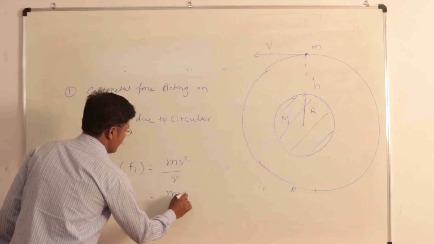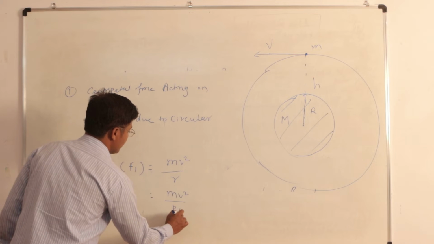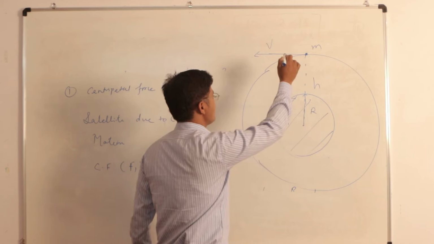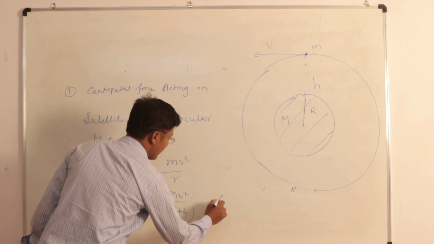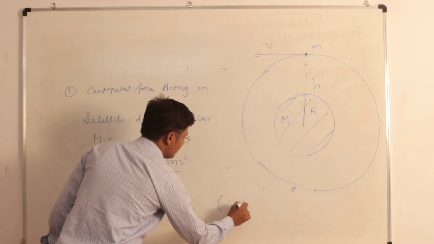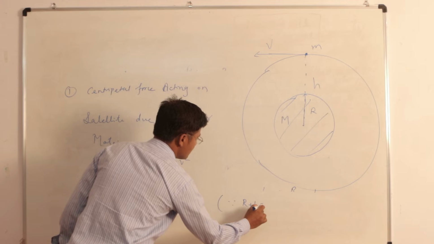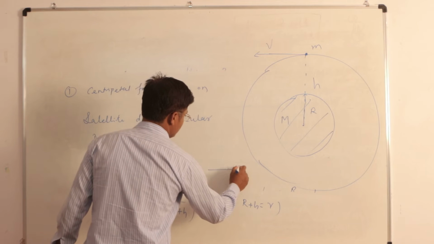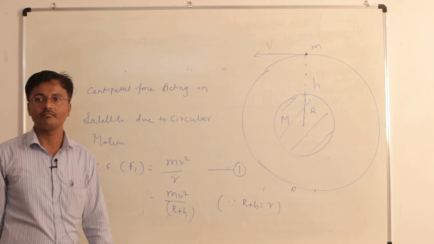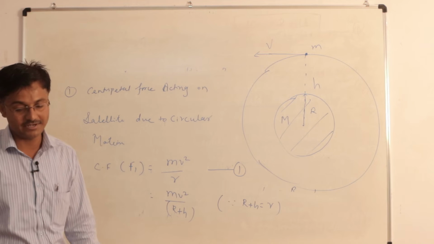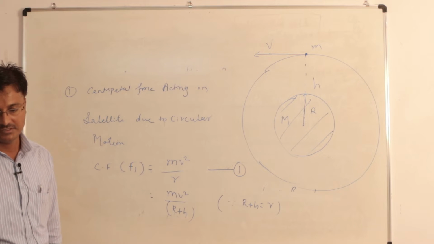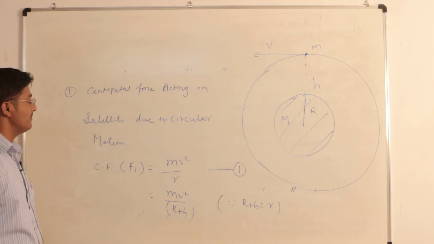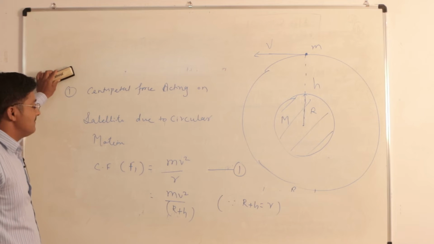So I will write mv square upon r plus h, because this total radius is capital R plus h, where capital R plus h equal to r, and I will denote this by equation 1. So this is the equation for centripetal force.